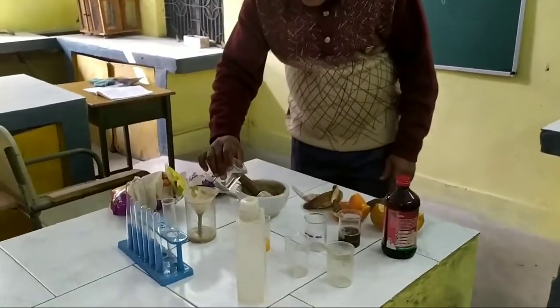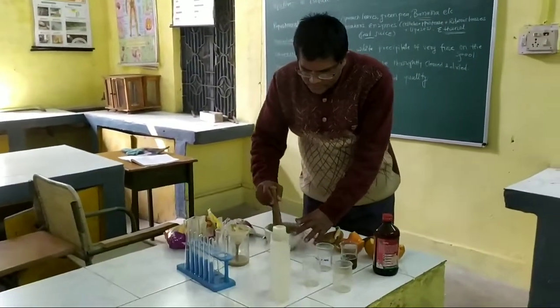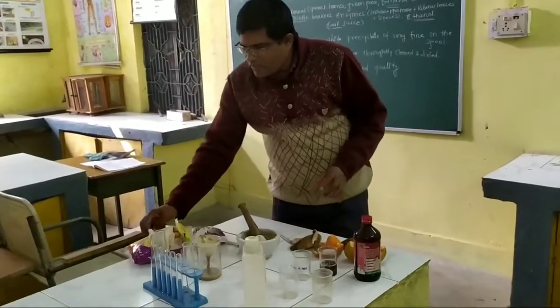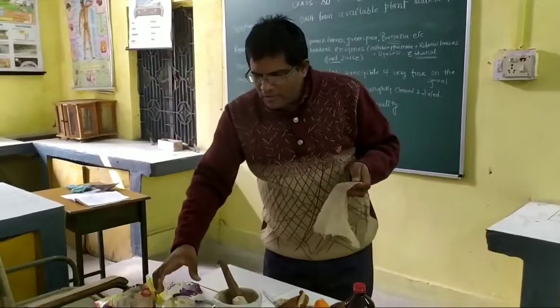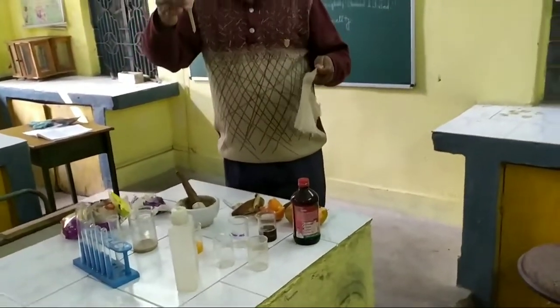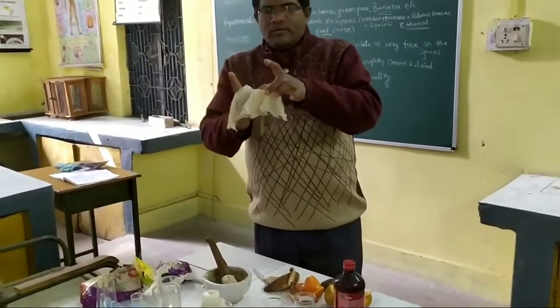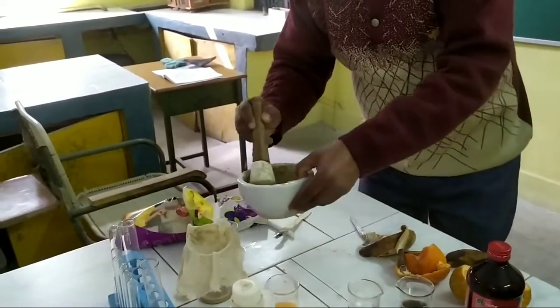We have to add a little bit of water also here, and once we have mixed this completely, then we have to take this cotton cloth and put it on the funnel. Then filter the ground part.